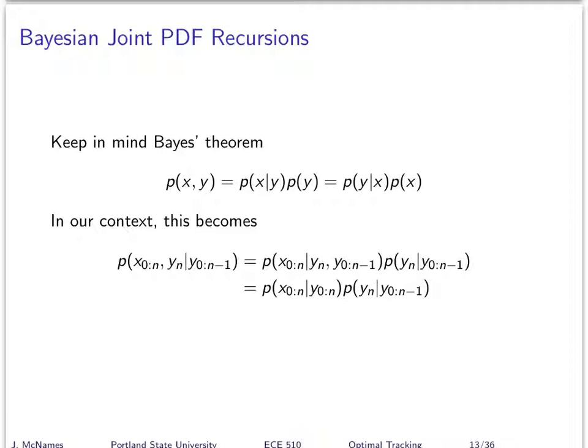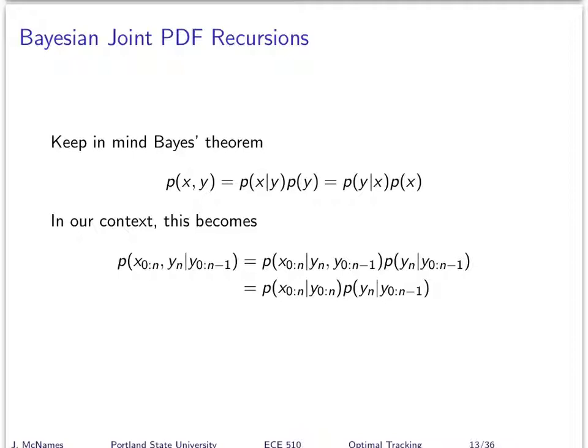If we've got the entire state trajectory and the measurement at time n, we've got this joint probability conditioned on all the previous measurements from time 0 to time n minus 1. And we apply Bayes' theorem in just the right way, and I wouldn't expect you to think of this as the right way, and split this out two different ways. One way is we take the y of n and we condition on it, and then we multiply that times the marginal, the probability of y of n given its entire past values.